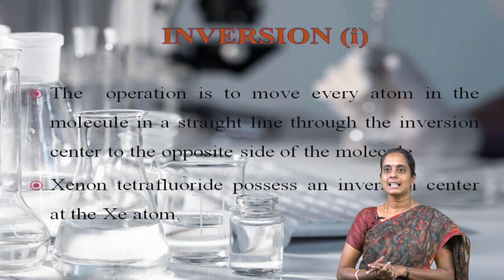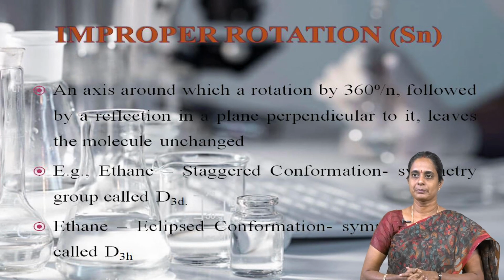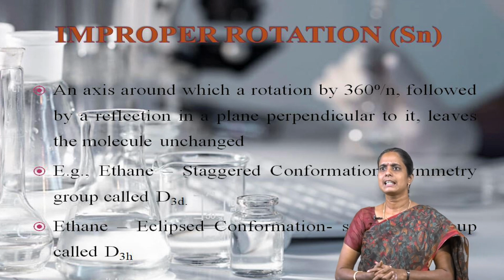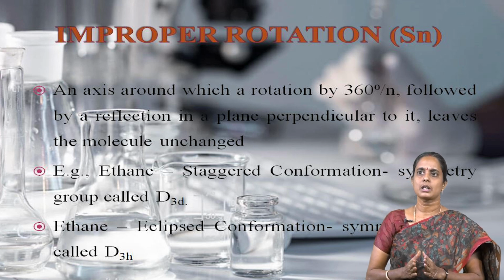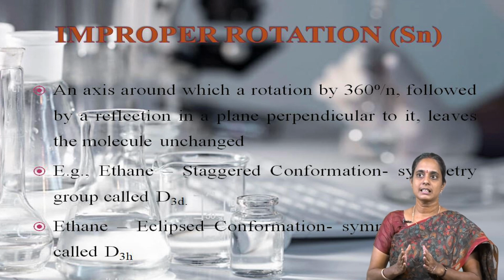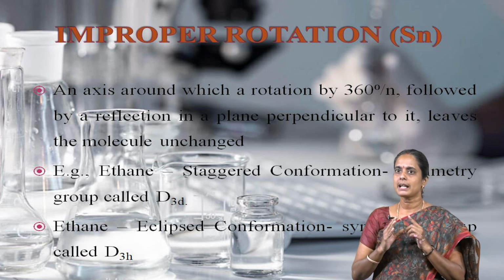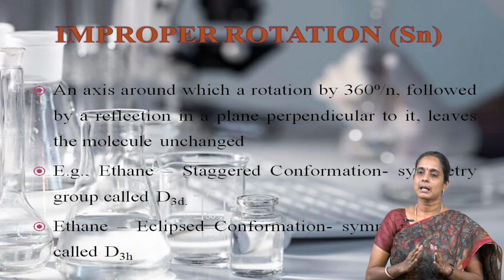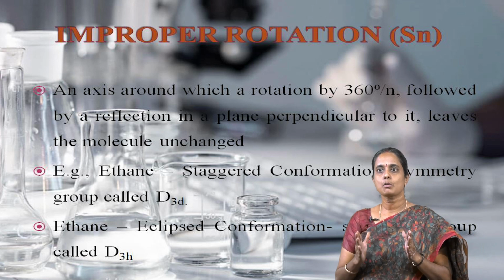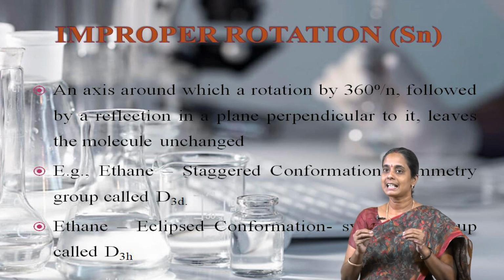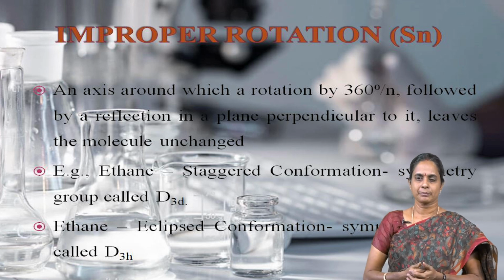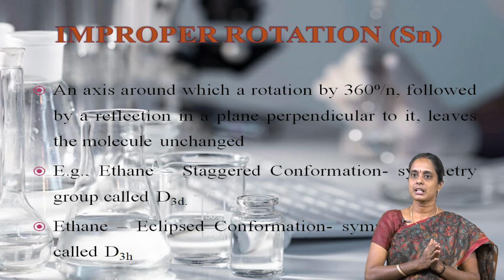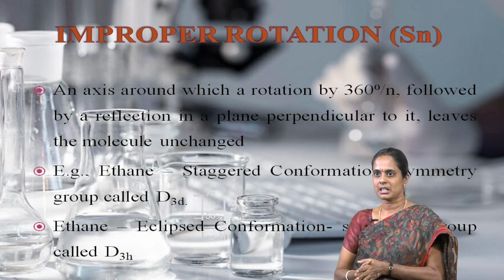The next one is improper rotation, denoted as Sn. It is an axis around which a rotation by 360 degrees divided by n, followed by reflection in a plane perpendicular to it, leaves the molecule unchanged. One example is ethane, which exists in a staggered conformation and also in an eclipsed conformation.